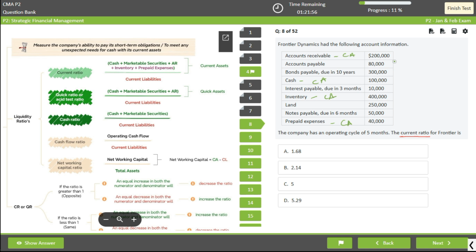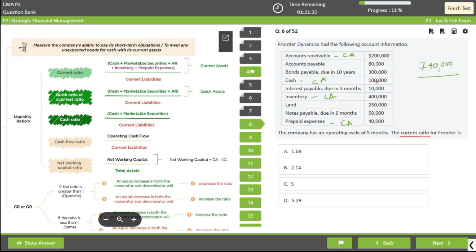So we have 200,000 plus 200,000 plus 100,000 plus 400,000 plus 40,000. So current assets comes to 740,000, divided by your current liabilities.